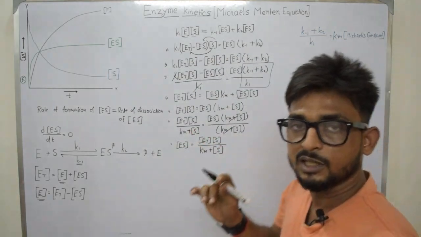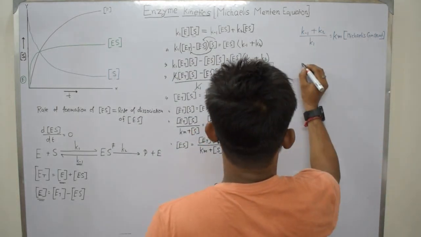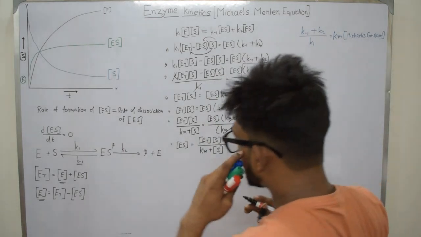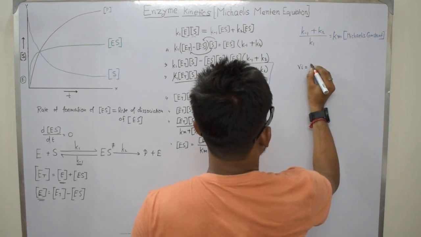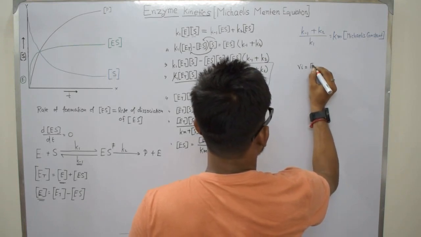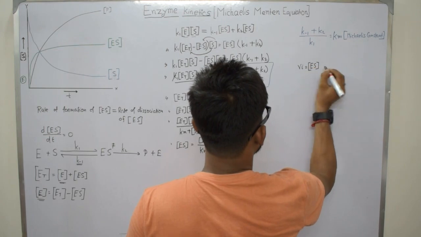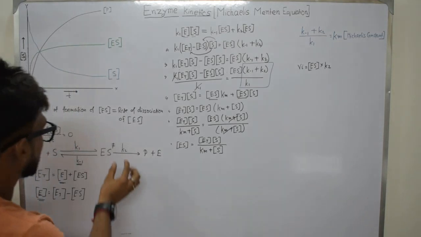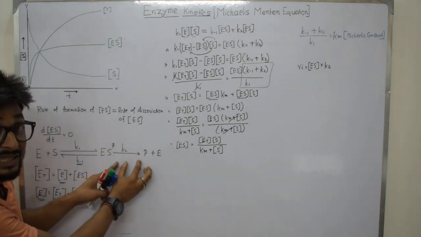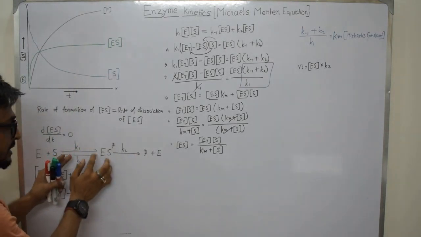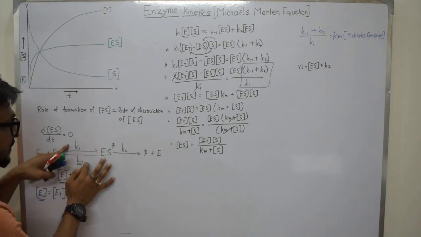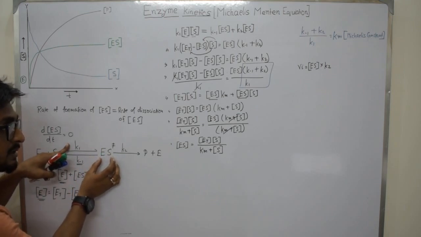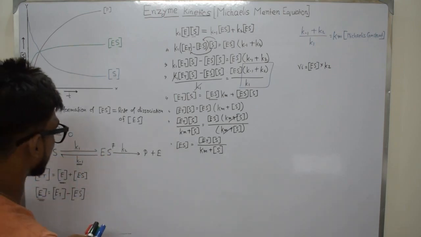So previously, if you look, the initial velocity Vi is equal to enzyme substrate complex into the K2, because this is not indicating the initial velocity. Initial velocity of the reaction is indicating only this one, when the product is produced from the substrate and enzyme.